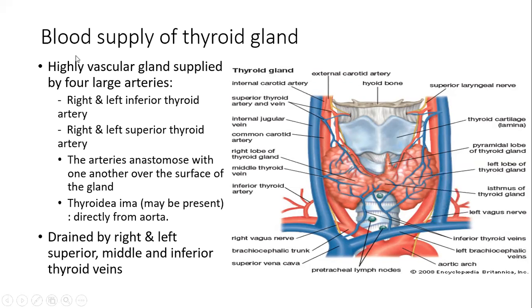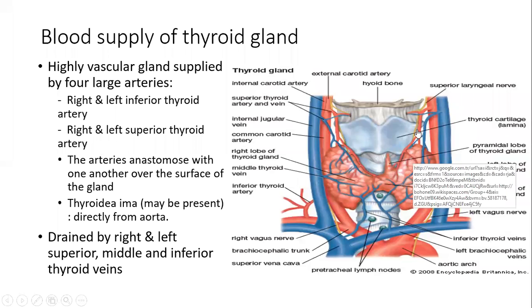It is a highly vascular gland supplied by four large arteries: right and left superior thyroid arteries as well as right and left inferior thyroid arteries. If you can see here, this is the superior thyroid artery on either side. On either side it is in pairs, coming all the way from here, the superior thyroid artery, and beside that is the superior thyroid vein.